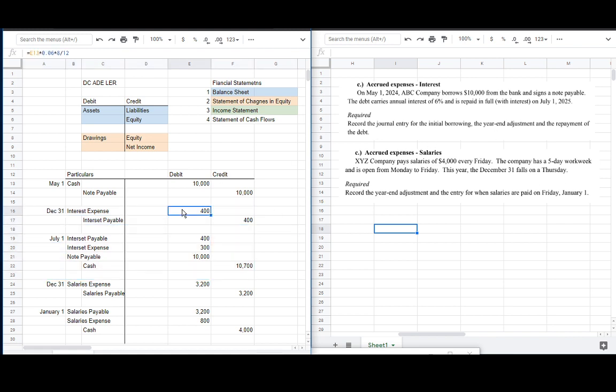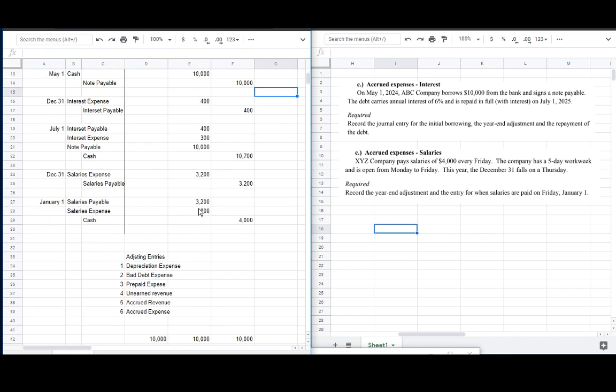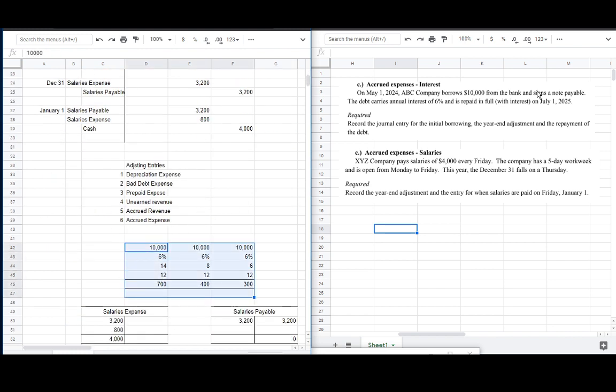So how do we derive the 400? This is the formula. Overall, the full interest is the principal of 10,000 times the annual interest rate of 6% times 14, the total duration, divided by 12 months, and we get 700.